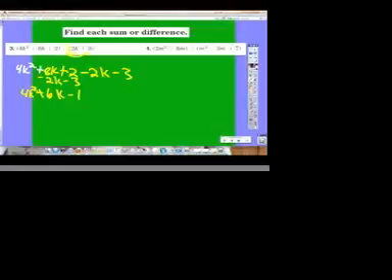So that would be 3n squared. And then negative 5 subtracted by 1 would be 1n, and then plus that. Good job. So well explained.